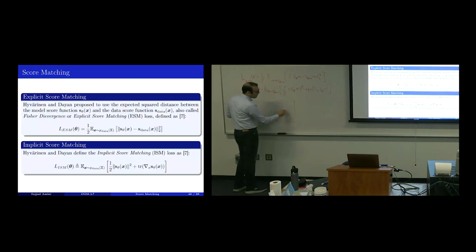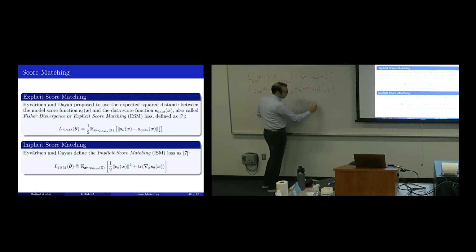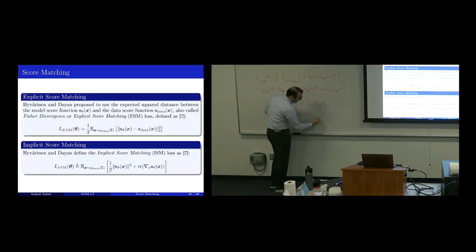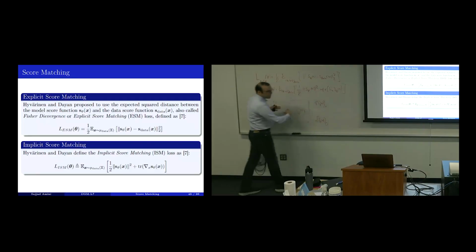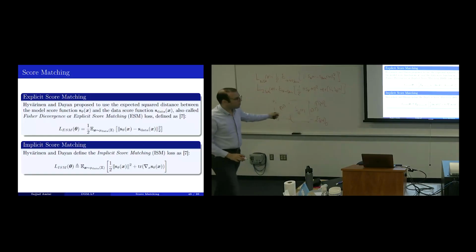S theta of x is a neural network, okay? It takes input x1 through xd, and then outputs S theta of x first until S theta of x last. So this S theta of x is a neural network with R^d input and R^d output, so it is very simple. A neural network with the same dimension of input and output.